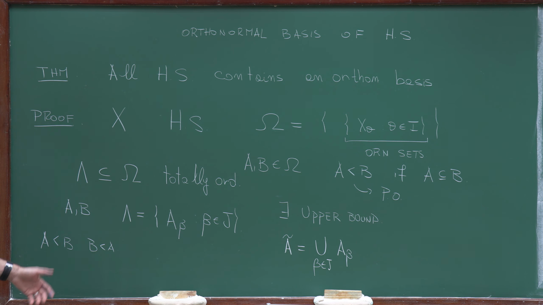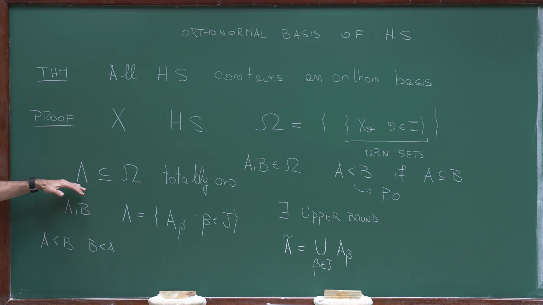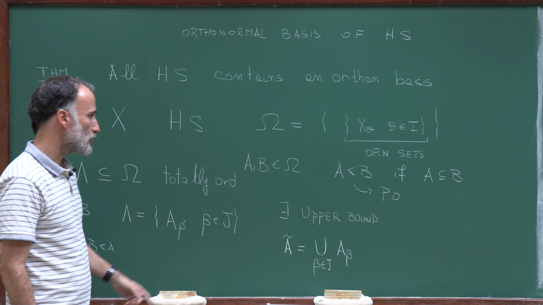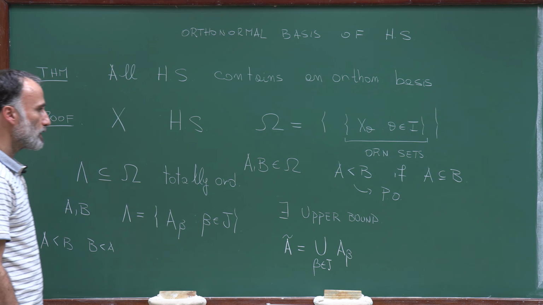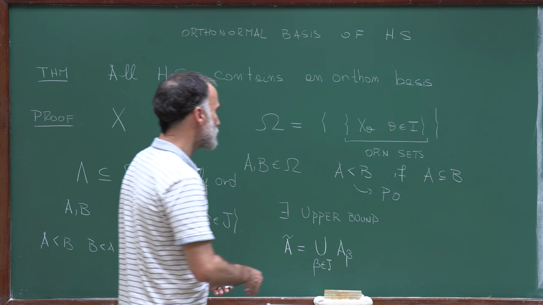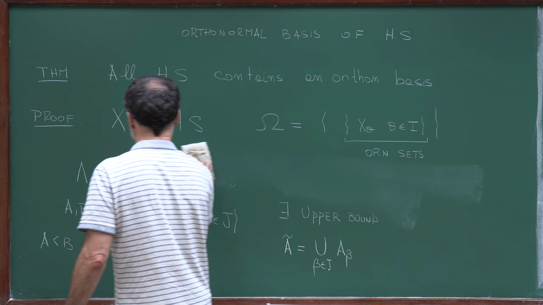So this means that we just proved that every totally ordered subset of omega has an upper bound, so that the assumption of Zorn's lemma is satisfied, and therefore Zorn's lemma states that there exists a maximal element.